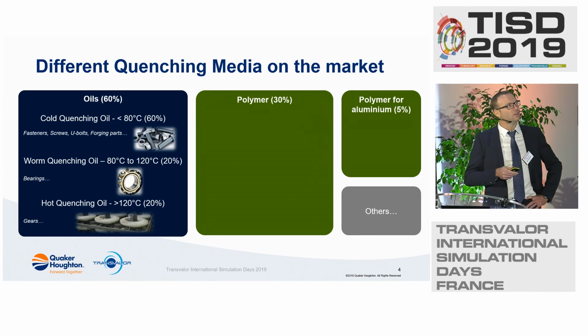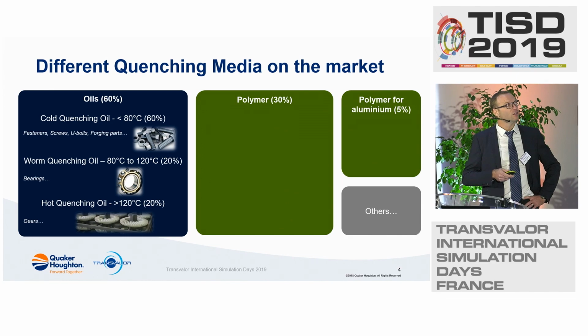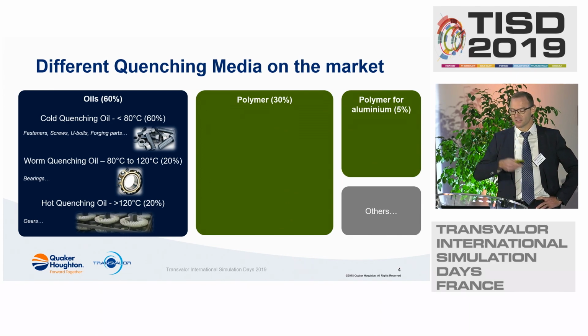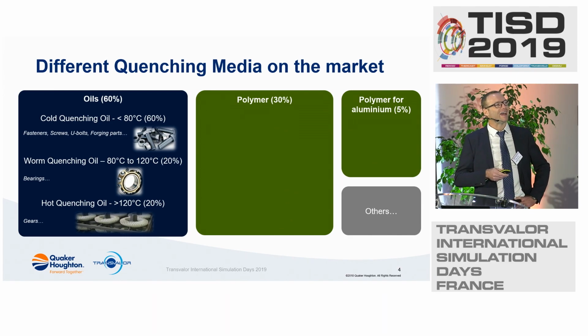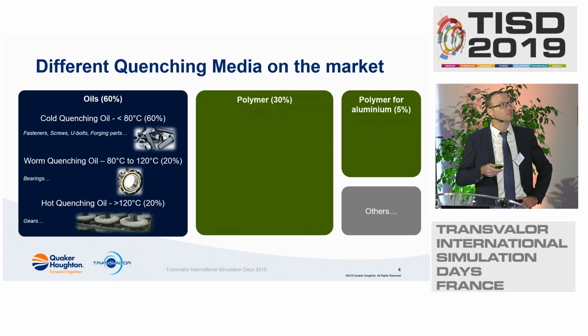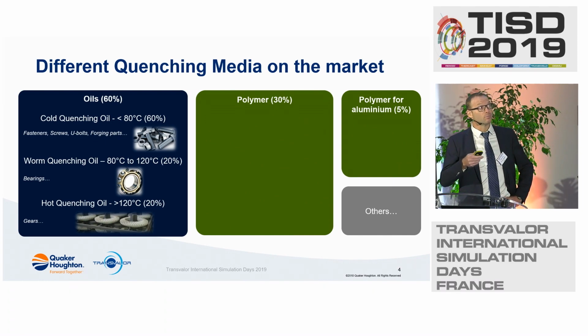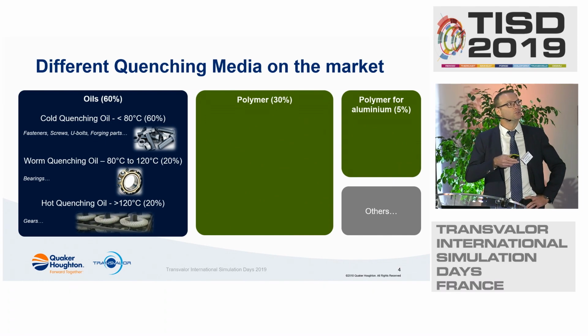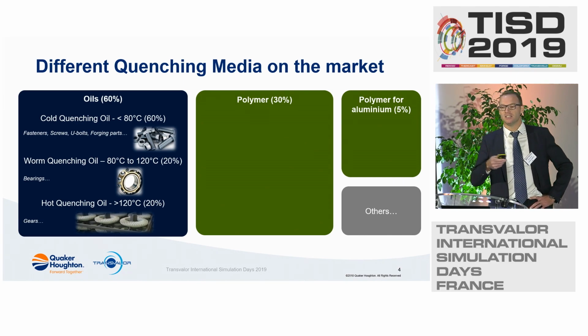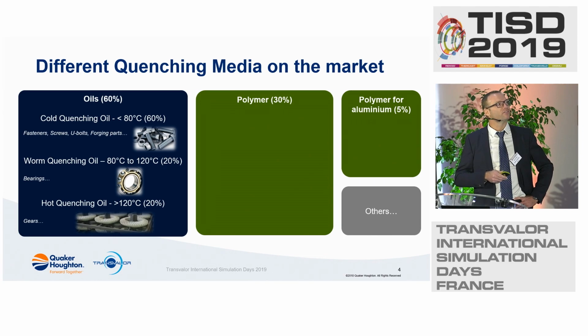The second part of the quenching fluids are polymers. Of course, we developed polymers because of the advantage with fire resistance. We don't have a risk of fire with polymers because it contains, depending on the product, a dilution with 90 to 80% of water in use, so no risk of fire.